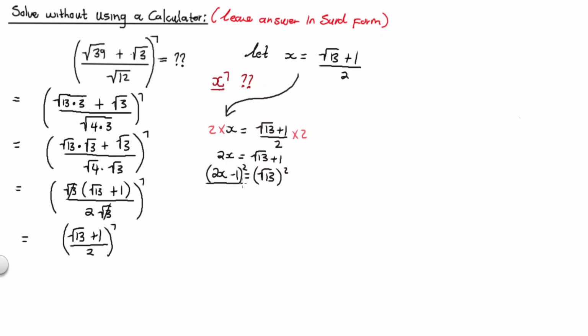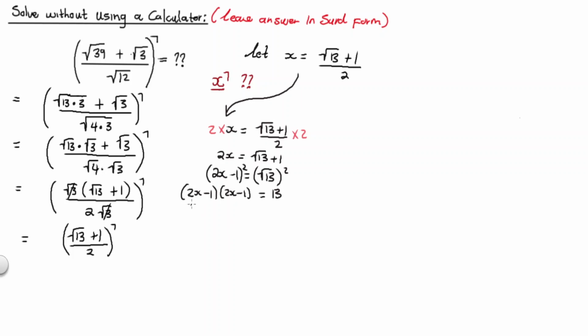Therefore, I'm going to FOIL this out. So create two brackets and FOIL, right? You're going to have 2x minus 1 squared equal to the square root of 13 squared, which is equal to just 13, right? So by squaring both sides, actually the whole idea is just to remove the square root. Therefore, we FOIL.